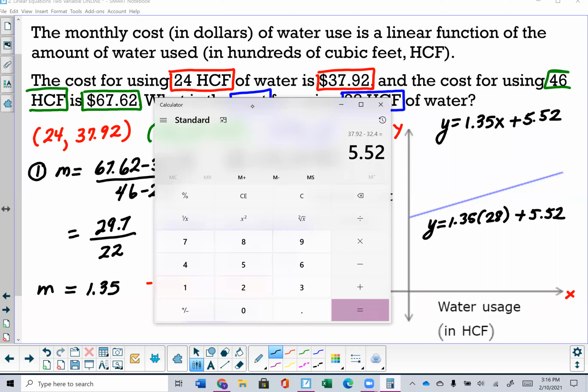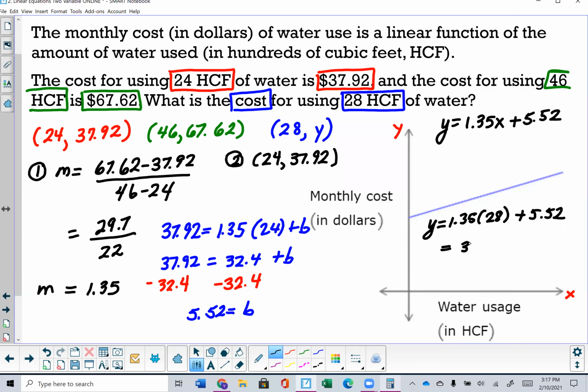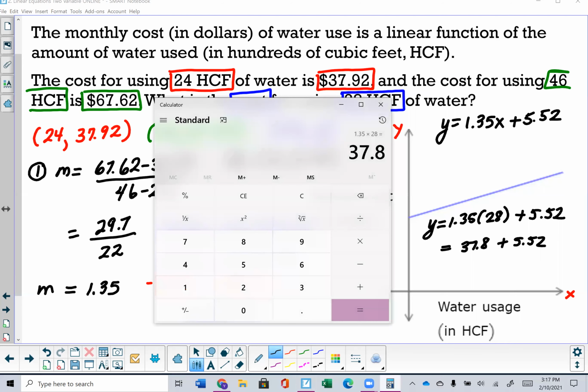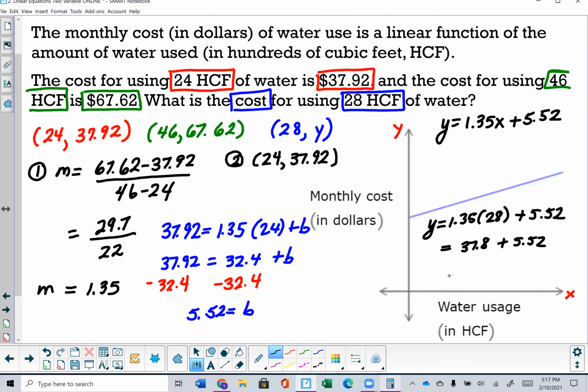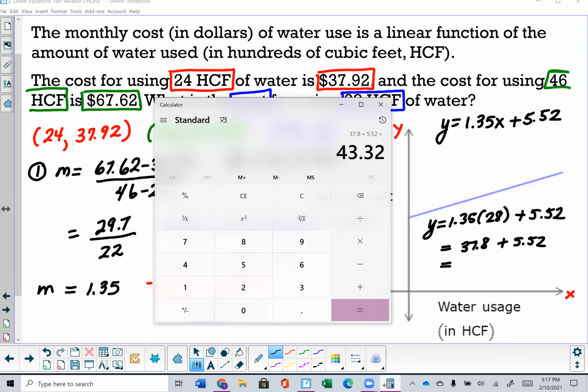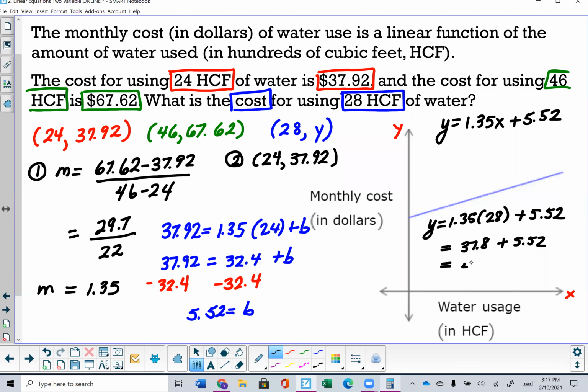So we have 1.35 times 28, 37.8. And add 5.52 to that, and we get 43.32. And that would be the cost. So we're in dollars.